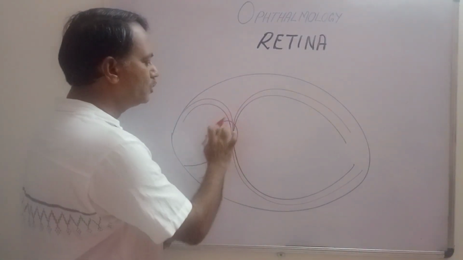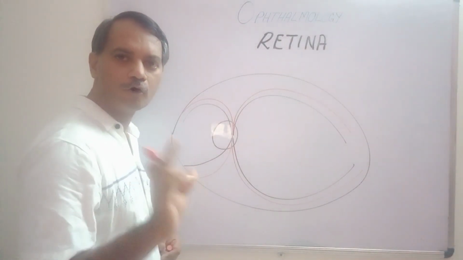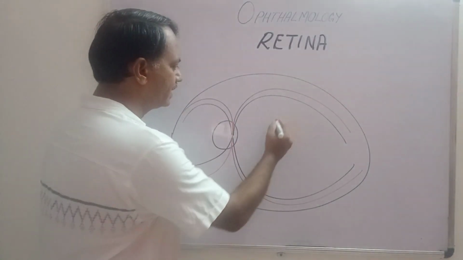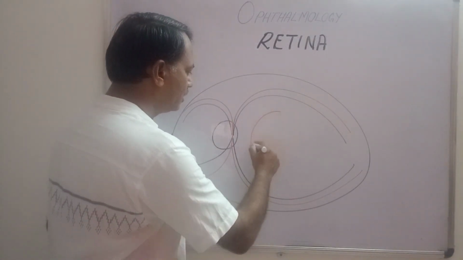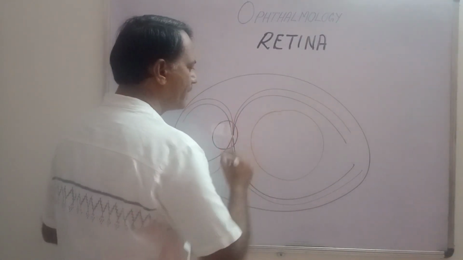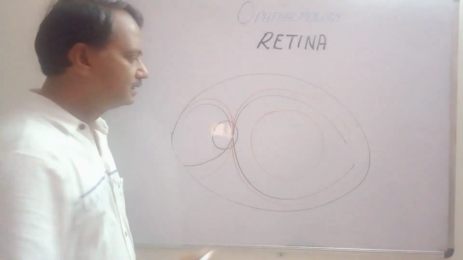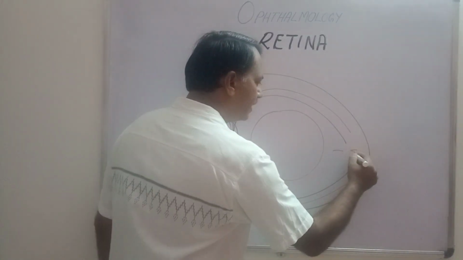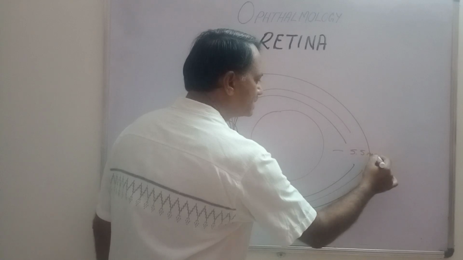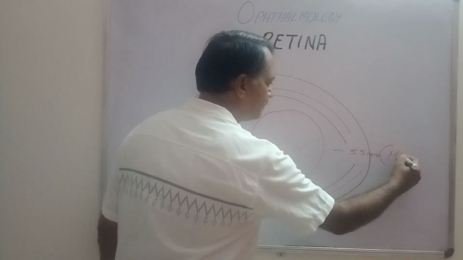The macula lutea is approximately 4 times the size of the optic disc. So, you can draw it like this. This is called the macula lutea. This is about 5.5 millimeters in diameter.